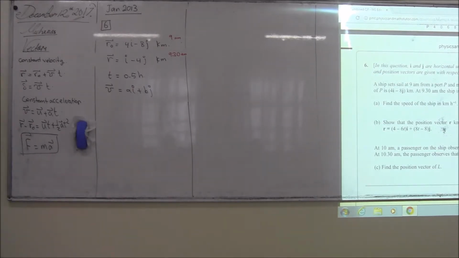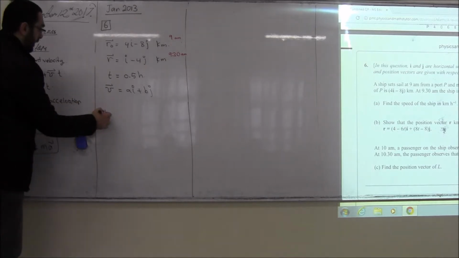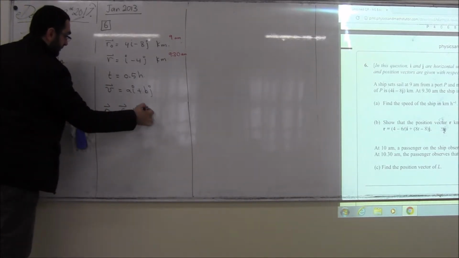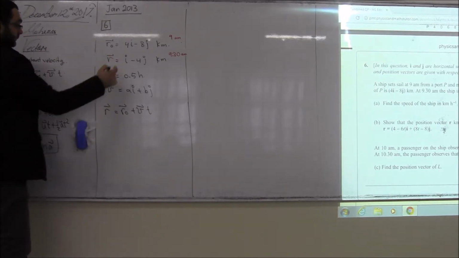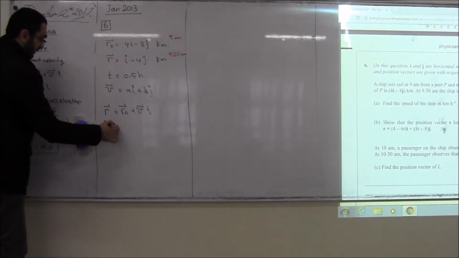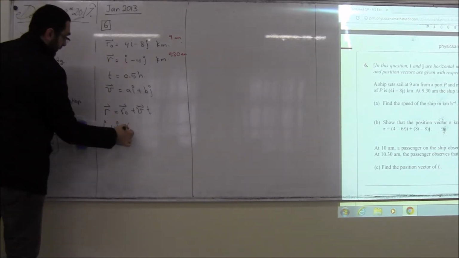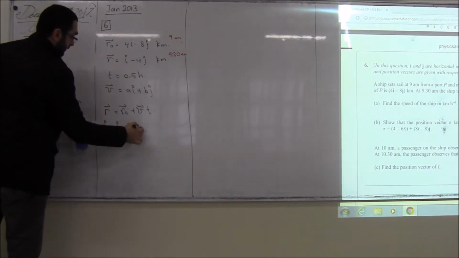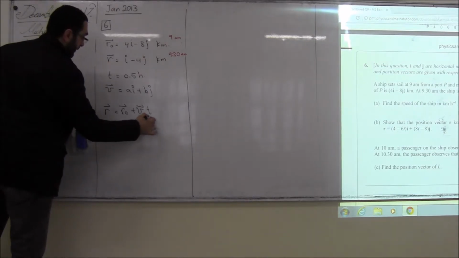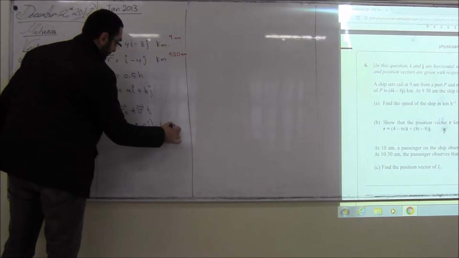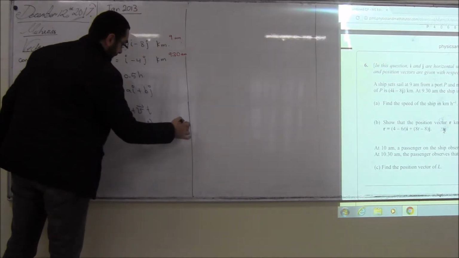To get used to these things: r equals r naught plus v times t. r is i minus 4j, equals r naught, 4i minus 8j, plus v, ai plus bj, times t.